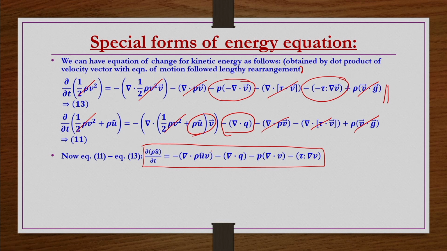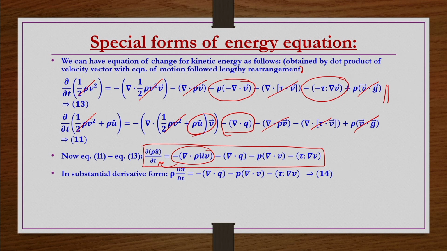Now this particular part, if you take it to the left hand side and add it with ∂/∂t of ρŨ, then you can make use of the substantial time derivative, and you can write this equation as ρ DŨ/Dt is equal to minus del dot q minus p del dot v minus τ double dot del v.